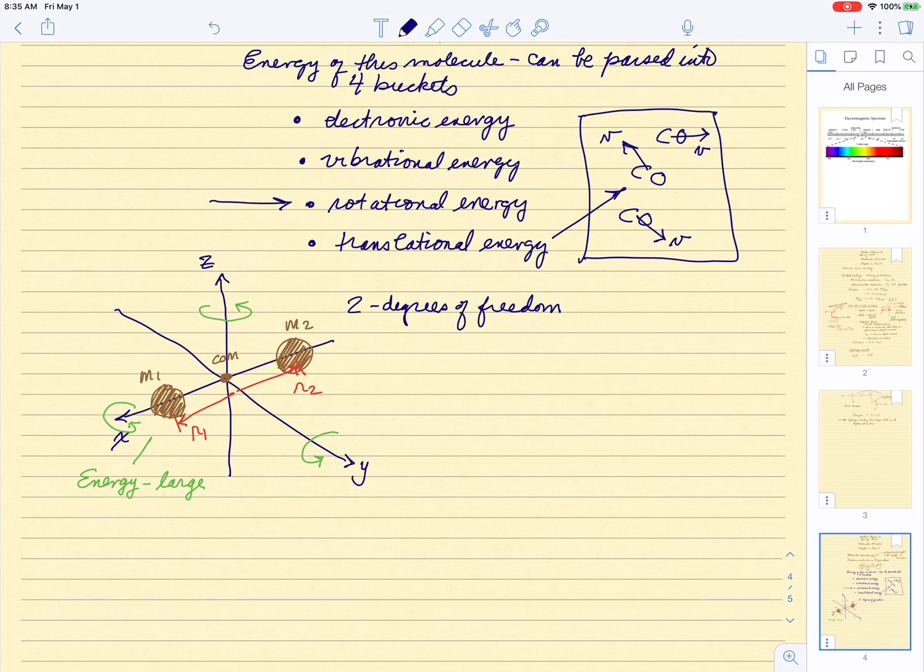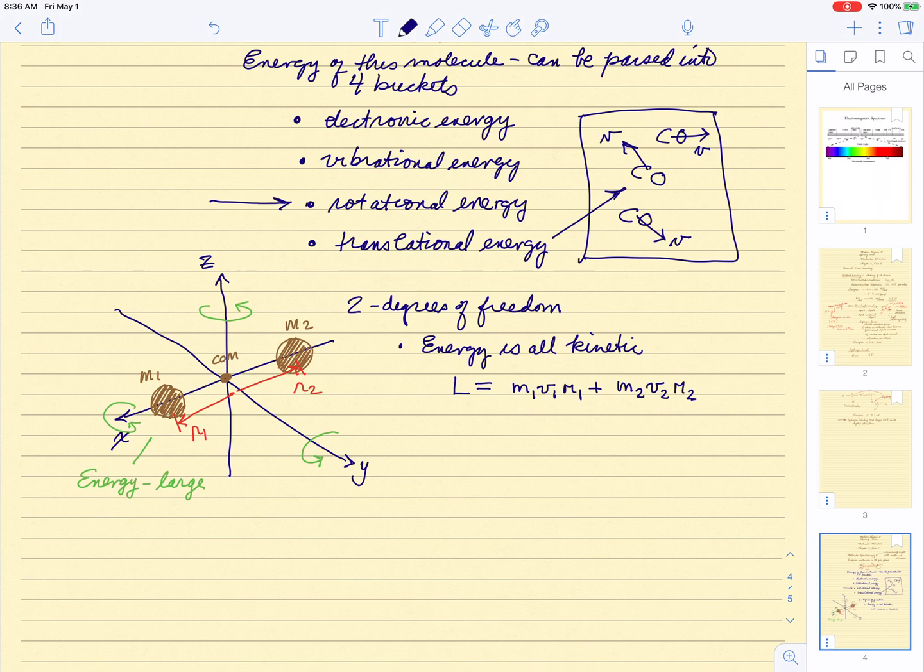So again, I want to point out that the energy is all kinetic, and it will have an angular momentum. And the angular momentum, be it about z or y, is going to be m1 v1 r1 plus m2 v2 r2.